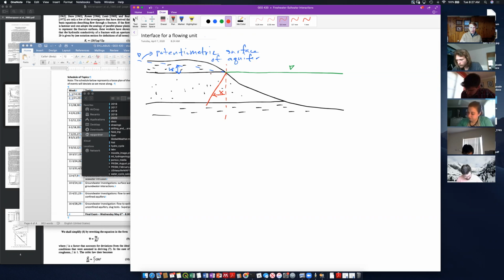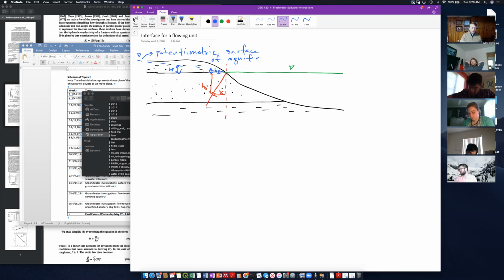All right, so at some X, we're going to have HS, the depth of the saltwater below sea level, and then we'll have HF, the height of the freshwater head above sea level.